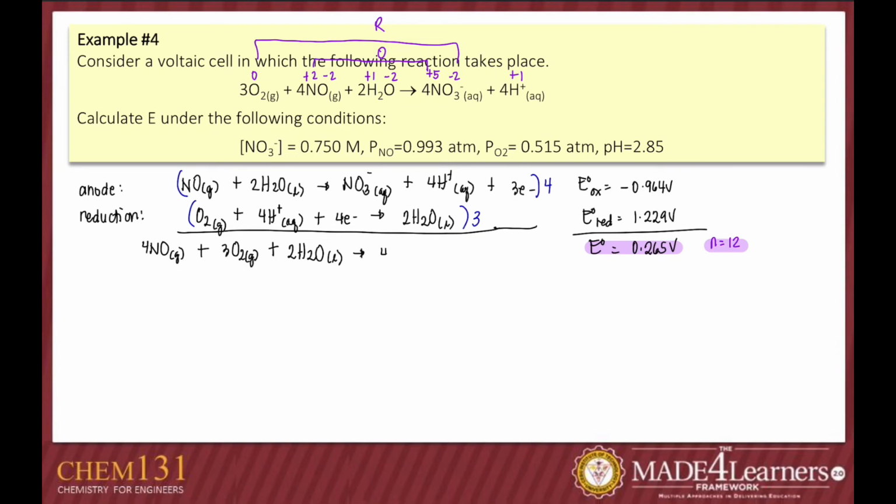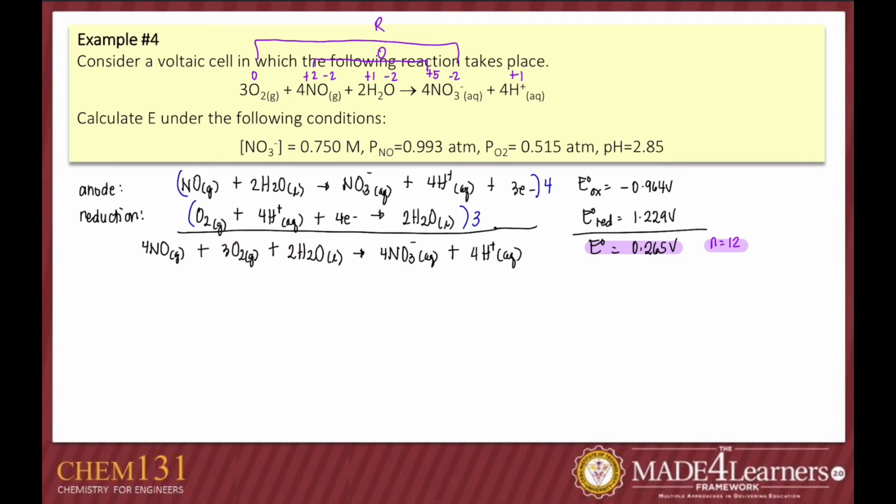And then we have 4 NO3 negative AQ plus, and then we have hydrogen. So this is 4 times 4 is 16, and then this is 4 times 3 is 12. So there's a difference of 4. So 4 H plus AQ. And we can see nga pareha siya sa given nga equation.